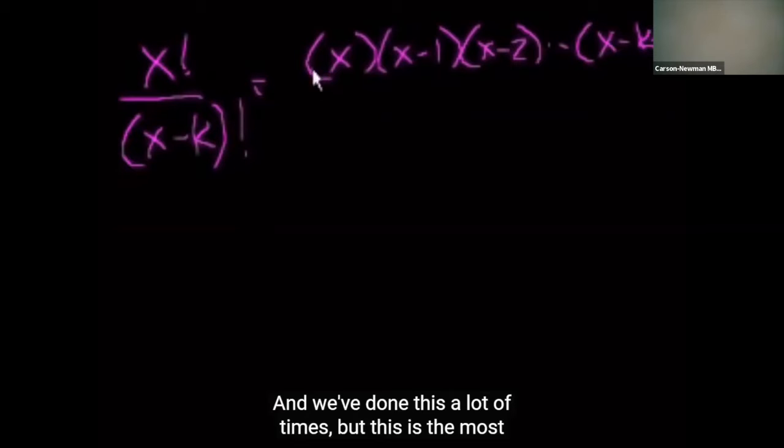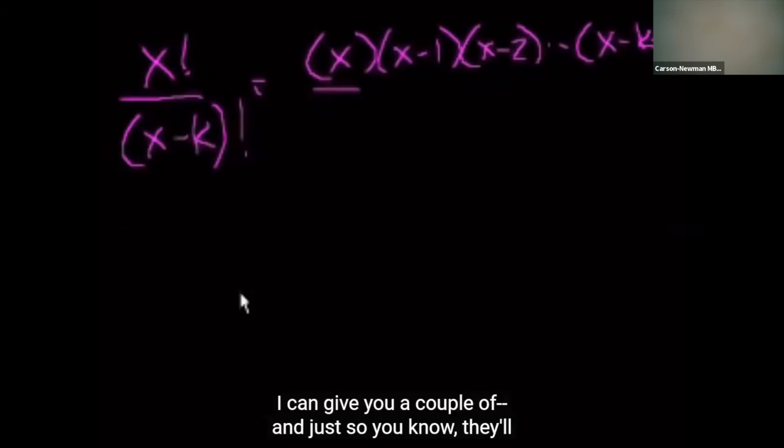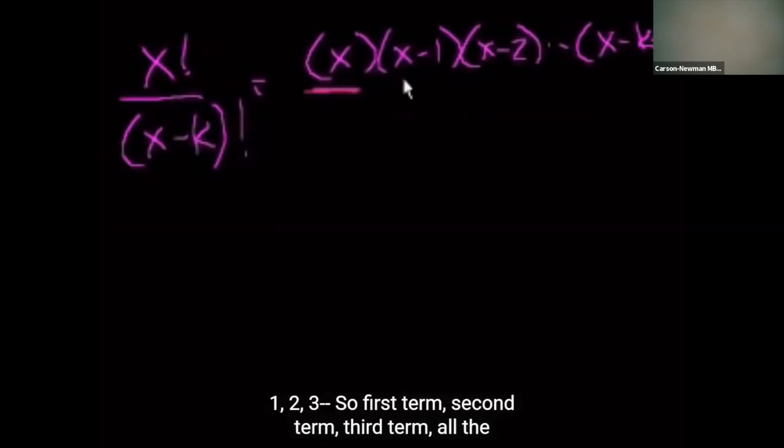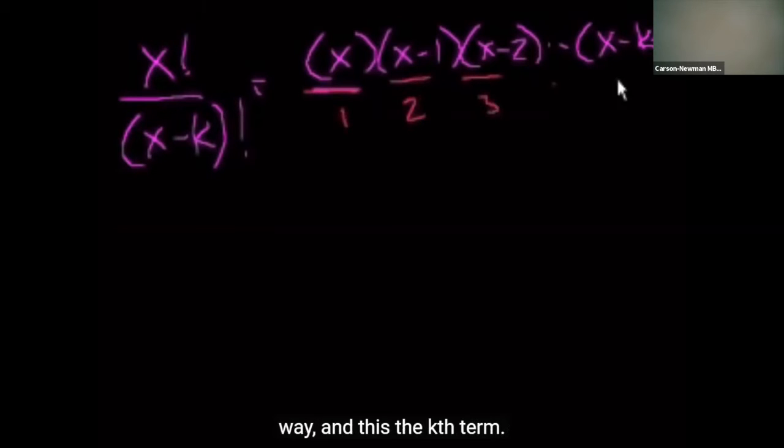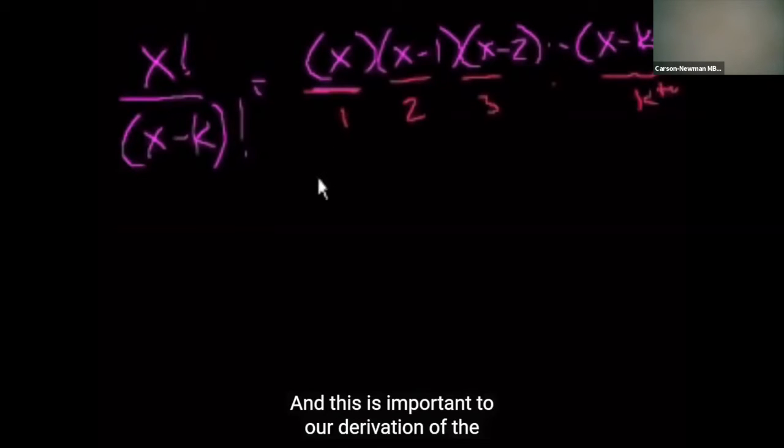We've done this a lot of times, but this is the most abstract we've ever written it. And there'll be exactly k terms here: first term, second term, third term, all the way to the kth term. And this is important to our derivation of the Poisson distribution.